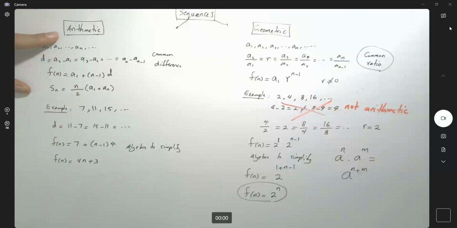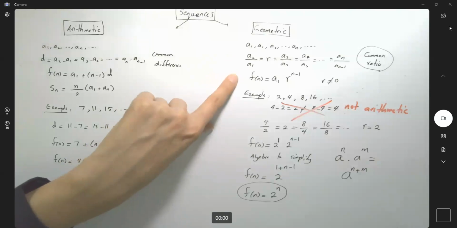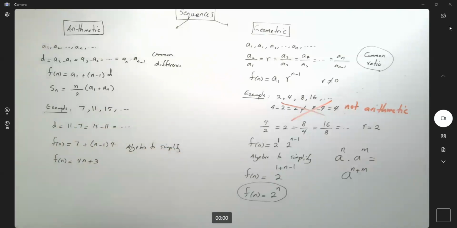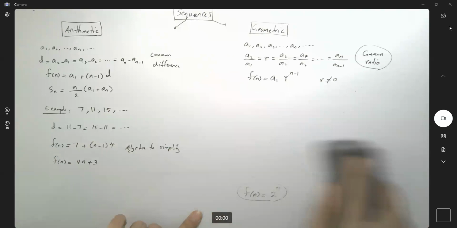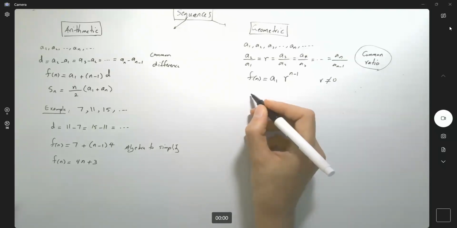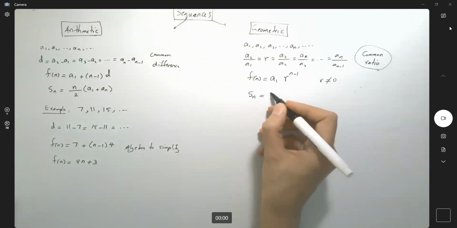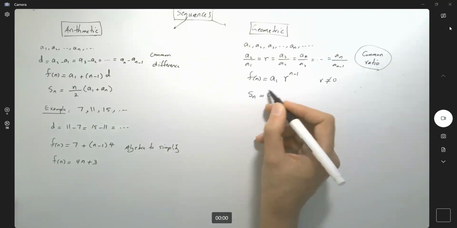Now that we introduced the arithmetic sequence and the sum of the first n terms, we talked about the geometric sequence. The general term, you're interested in knowing, hey, what is the formula for the sum of the first n geometric terms? That is denoted by S sub n, which is equal to A sub 1, the very first term.